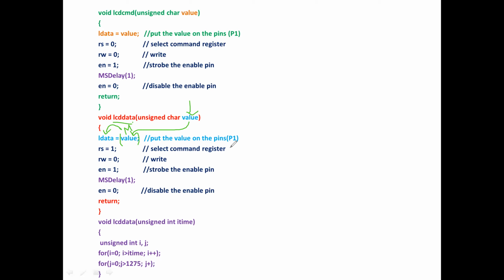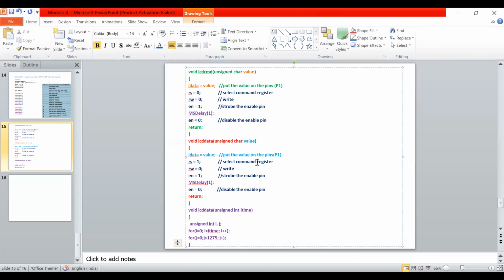Okay, now see, in the command also we put in port 1, and data also we put in port 1. So in which way will we say it is data? So RS is equal to 1. If RS is equal to 1, that is nothing but data.